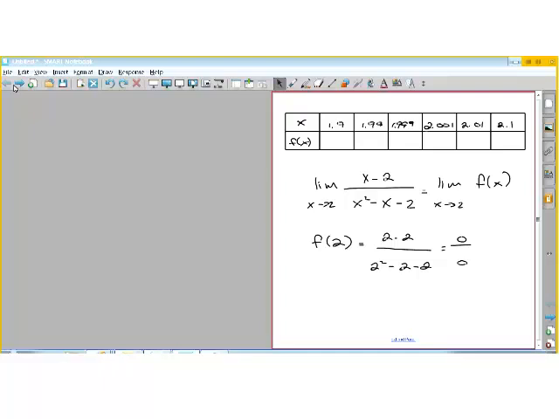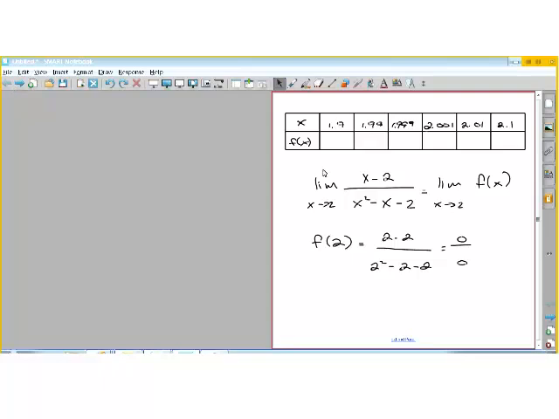So I have left parenthesis 1.900 minus 2 divided by the quantity 1.900 squared minus 1.900 minus 2.